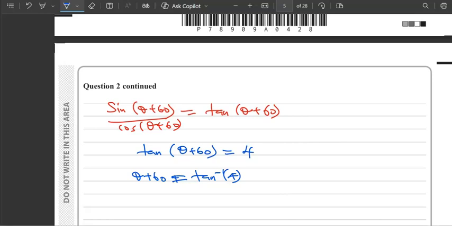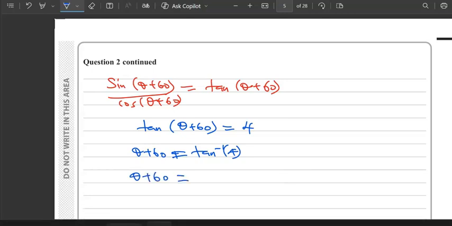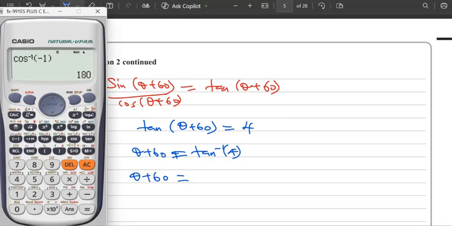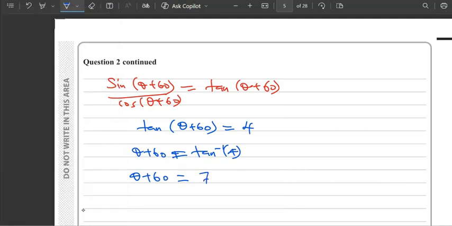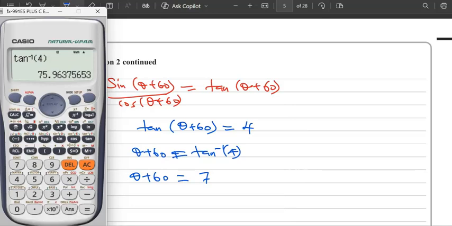So let's see what the working angle is. Simplifying using a calculator, the arctan of 4 gives you 75.96.